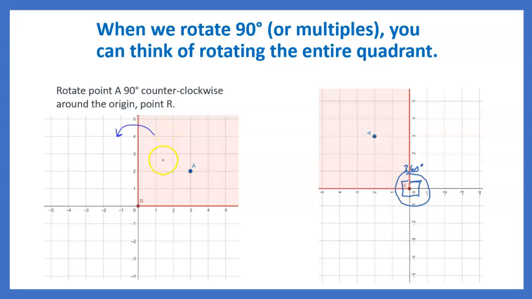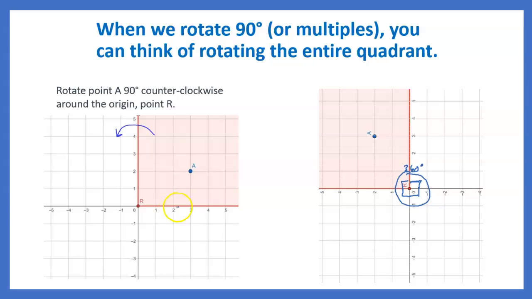That means that a 90-degree rotation is just moving one quadrant to the next, kind of rotating that quadrant up on its side. That would be the same if we were moving here to here or here to here. So this one asks us to rotate point A 90 degrees counterclockwise around the origin.